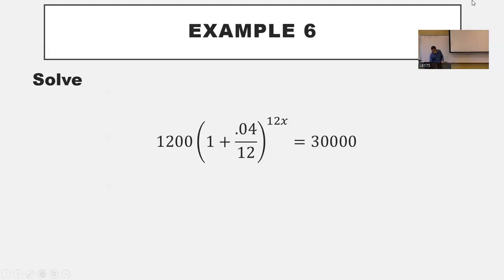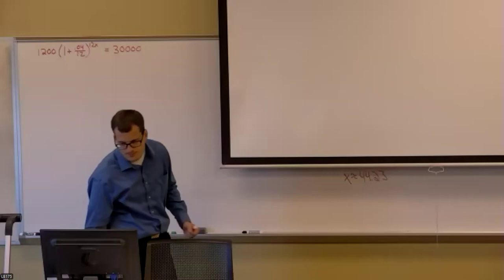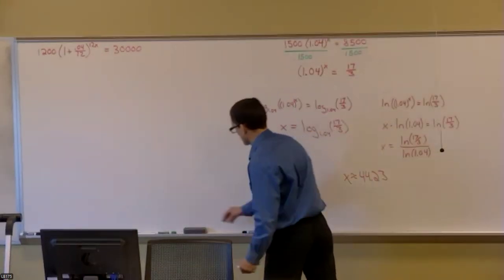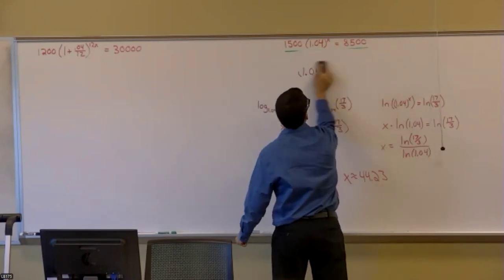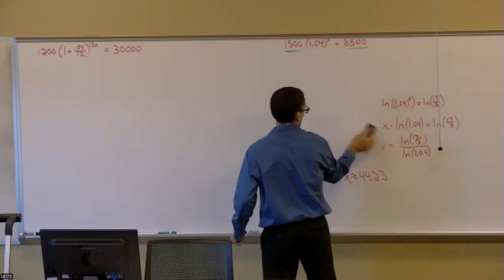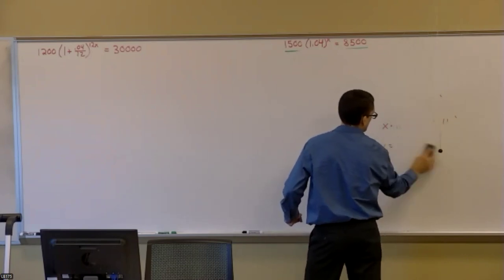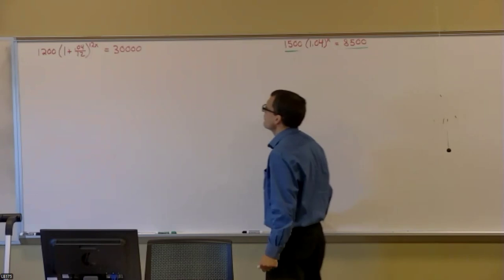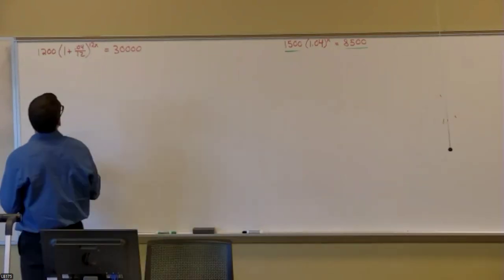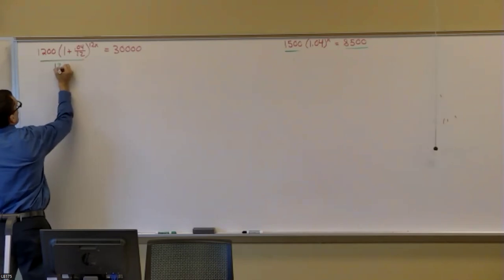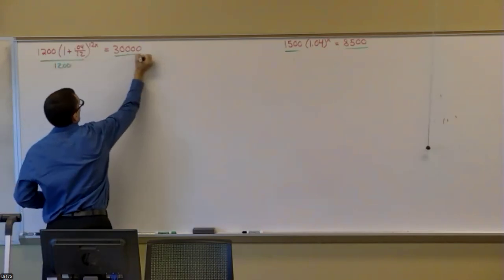All right, so let's go through this. The first thing I'm going to have to do is to get rid of this coefficient of 1,200. So I'm going to divide both sides by 1,200.